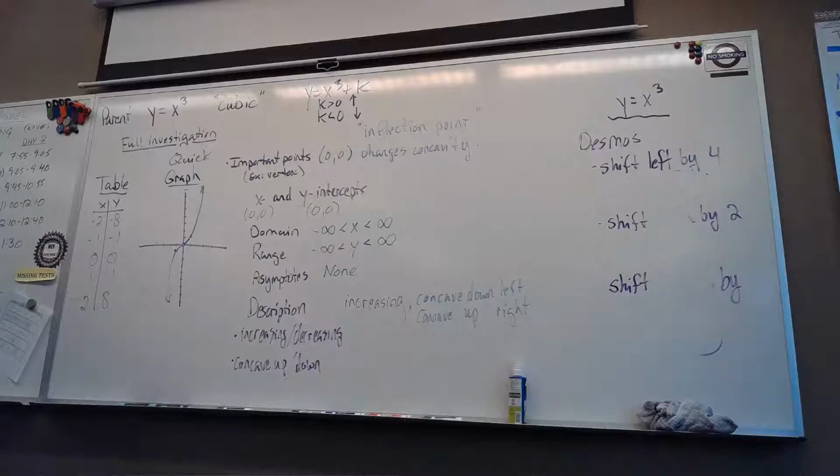Here's the hint. If you're completely stuck, flip back in your notes and look at how we did this with a quadratic. Maybe, just maybe, it'll work the same from a quadratic and a cubic. Left by 4. How did we make that quadratic go left by 4?